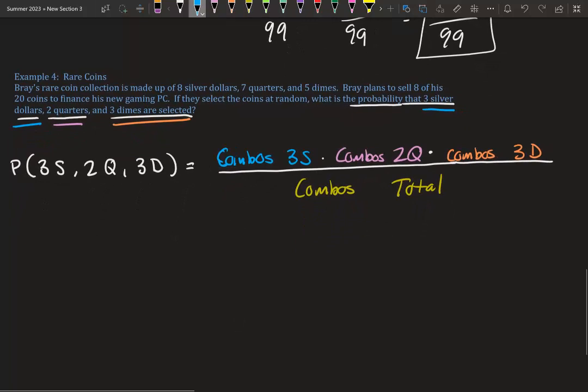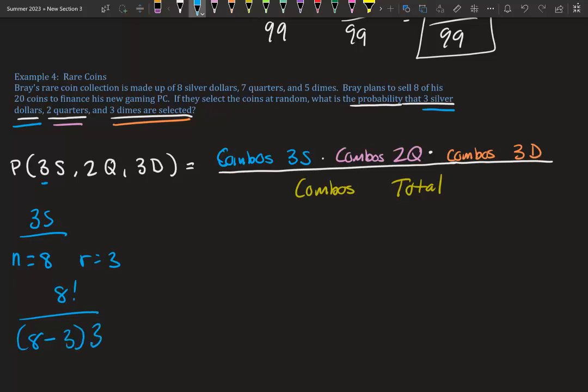So let's go ahead and find our silver dollars. All right, so we're selling 8 out of 20 coins. So that means we want to pick 8 to sell. And we have 3 silver dollars that we want to pick. So we have 8 factorial over 8 minus 3 factorial, 3 factorial.